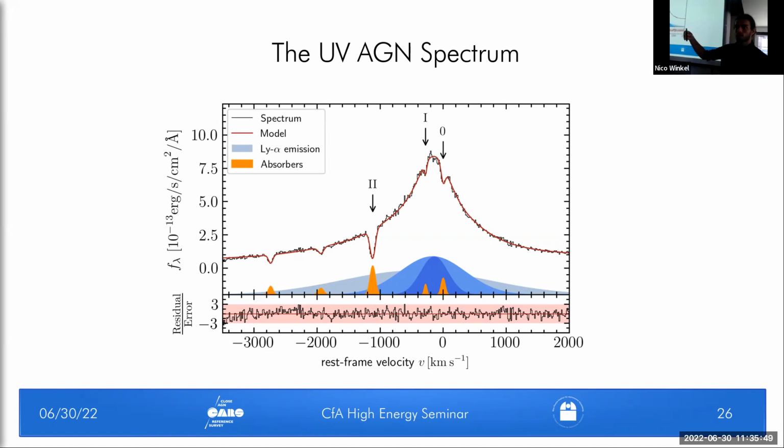They are foreground absorption, the Lyman alpha forest. But features 1 and 2 here, that are particularly interesting for the analysis that I'll show you, are local to the galaxy because they have a high metallicity, because they're also identified in other absorption lines in the UV. So these must be local absorbing features.